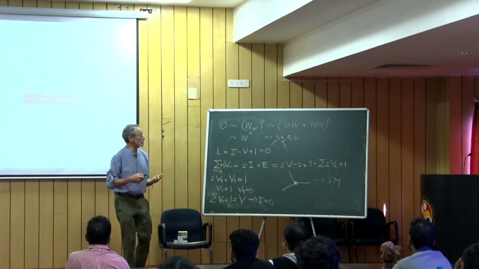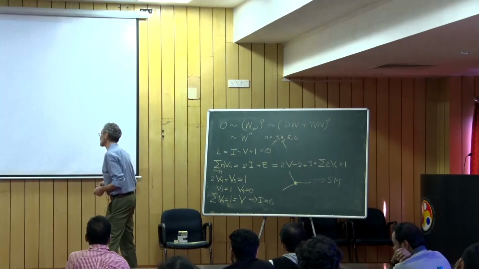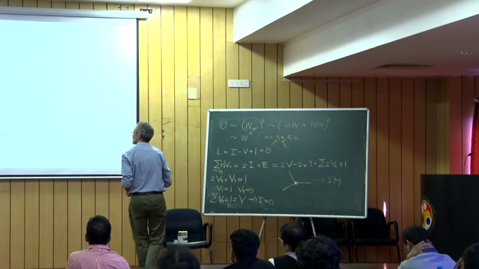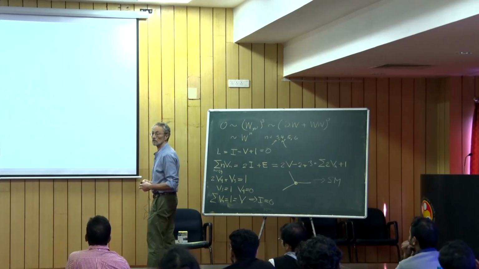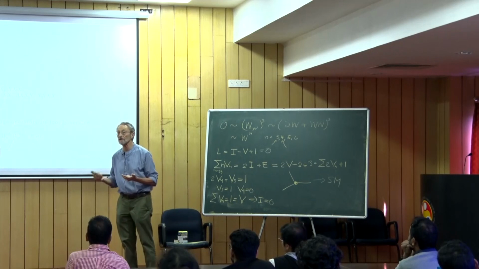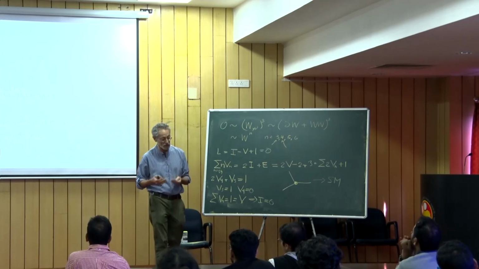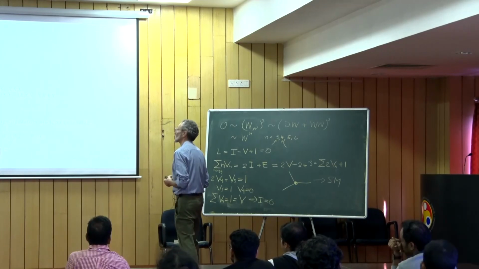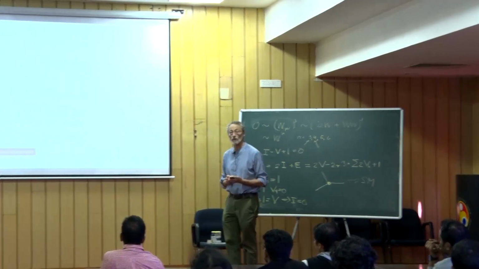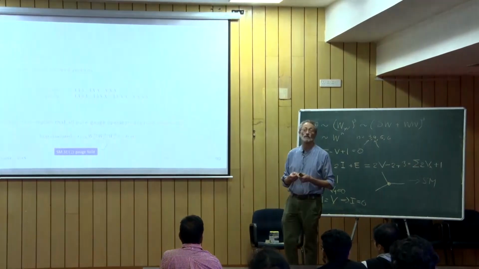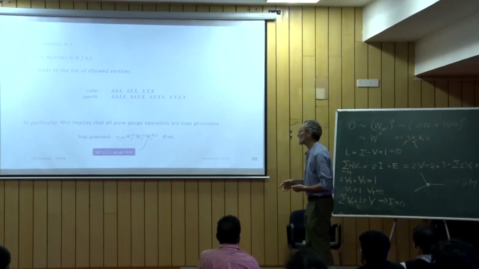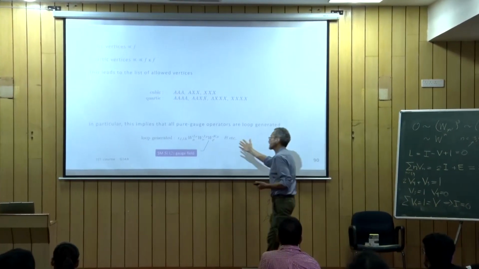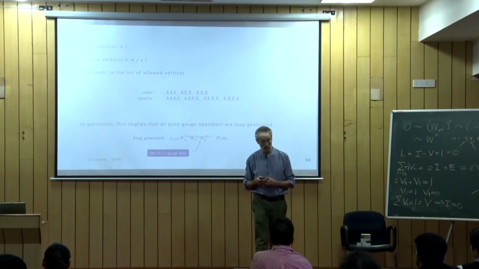So the point of all this is that there is no way you can generate this object at tree level. It just doesn't happen. The structure of the theory does not allow it. And this is an example of what I call loop-generated operators. Independent of the nature of the underlying physics, this guy does not appear at tree level.